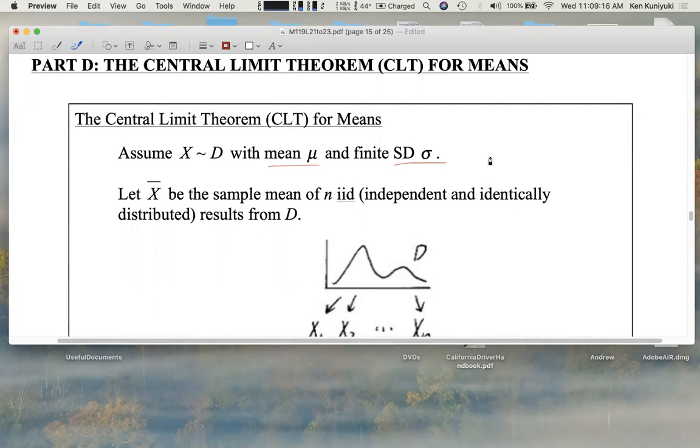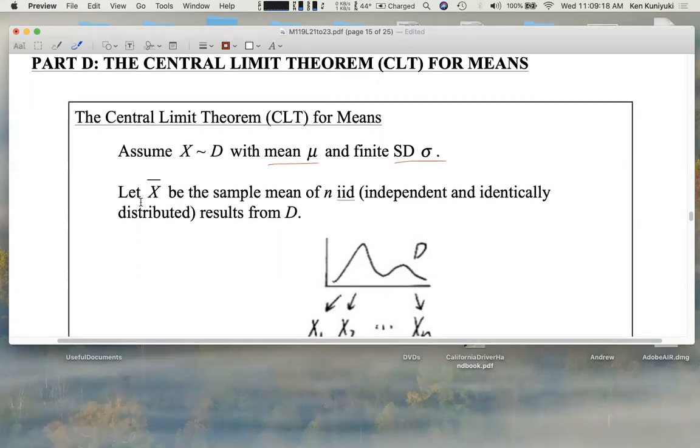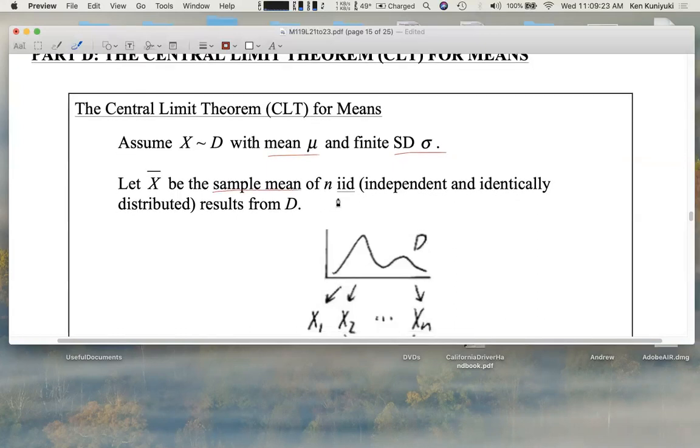So far, so good. Let X bar be the sample mean of n IID results from D, the Big Daddy distribution. Now, IID, these are three famous letters in probability theory. IID means independent and identically distributed. Independent in the sense that, let's say you have a machine rolling 32 dice.